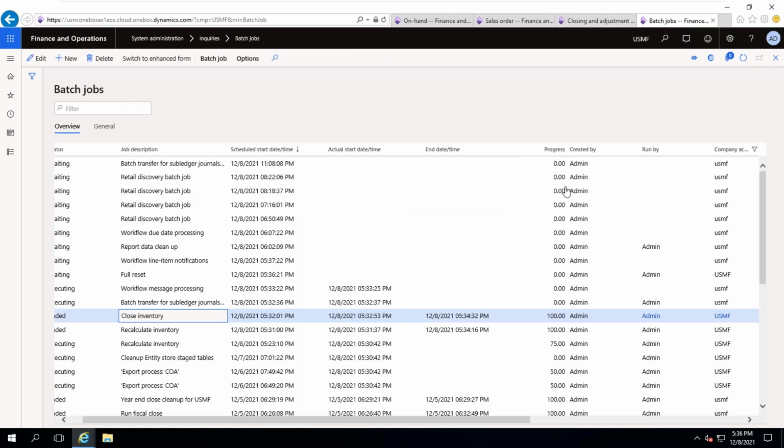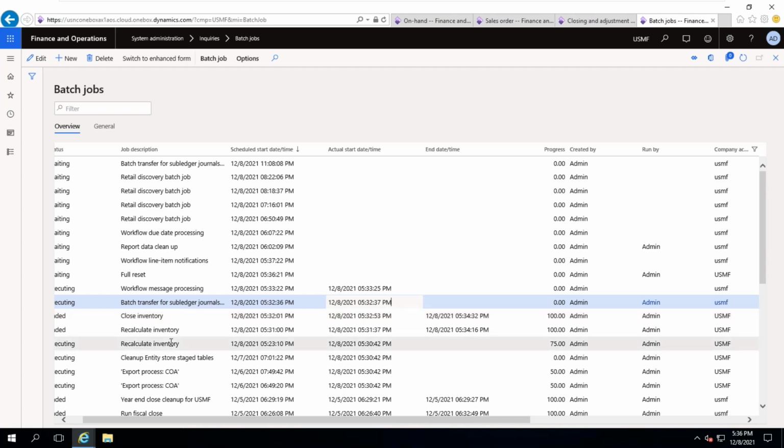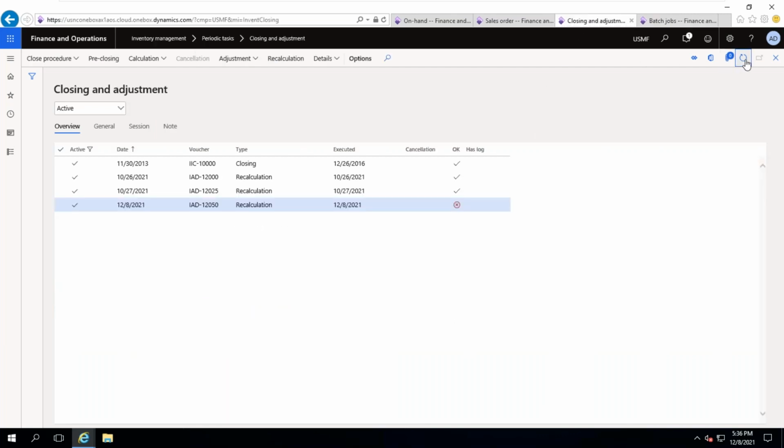Let me verify the batch jobs. This one, recalculating inventory, is executing at 75%. Let it finish. Once it is finished, it will show a tick mark.